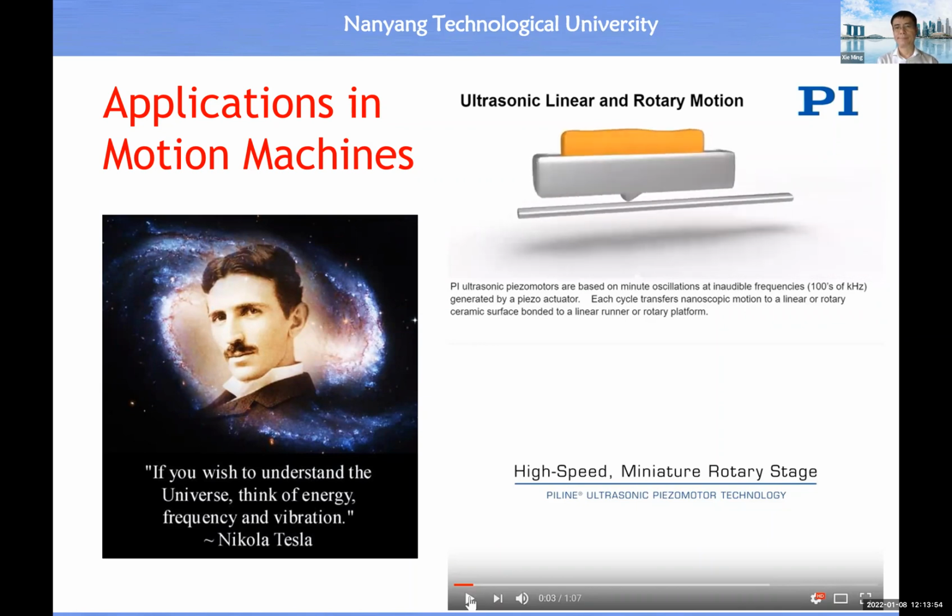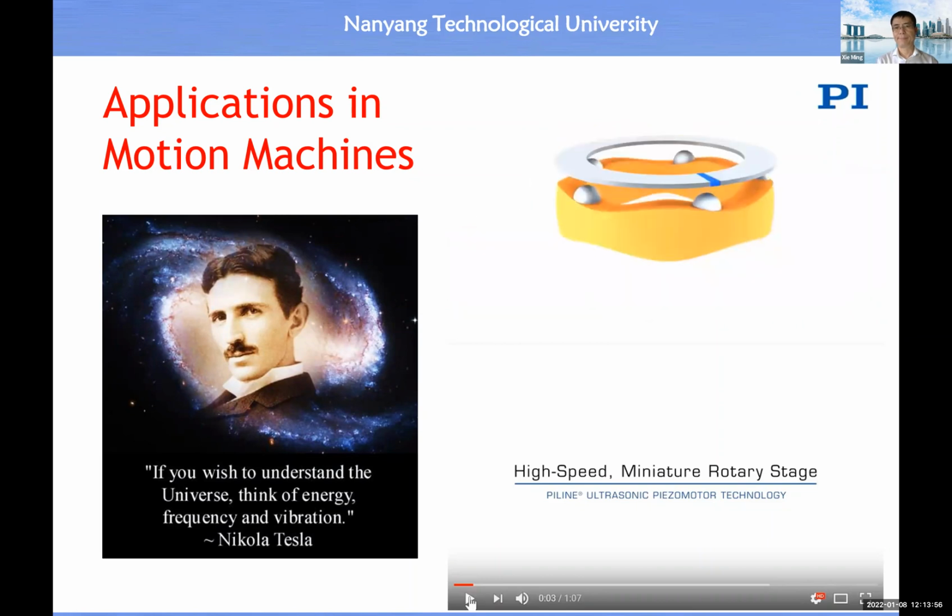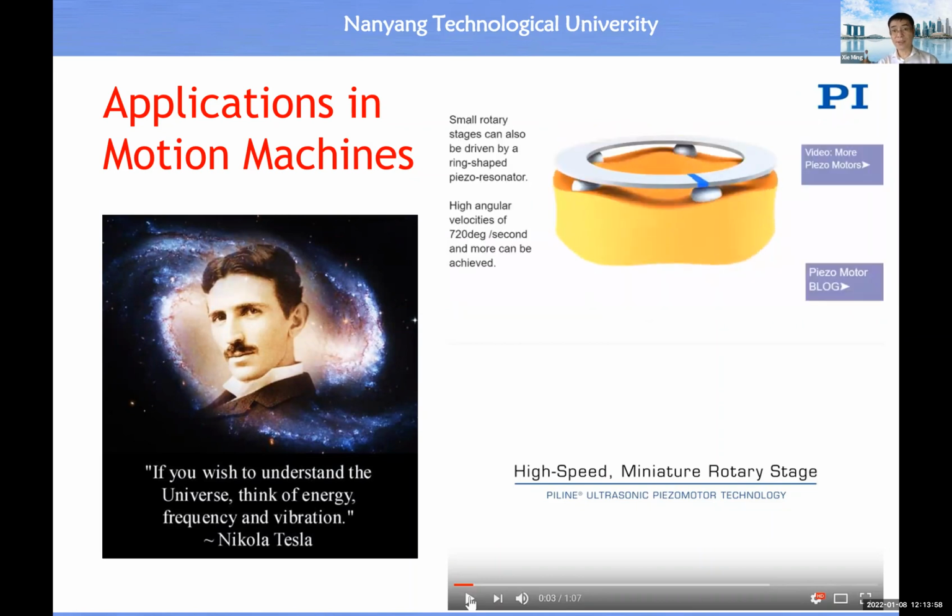And this is a rotary motion. You see the top disk rotate, okay, clockwise. So from here, you see we can produce vibration, all right? But later on, we'll show you the working principle, okay?